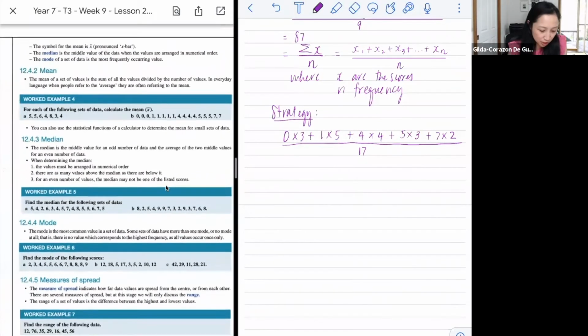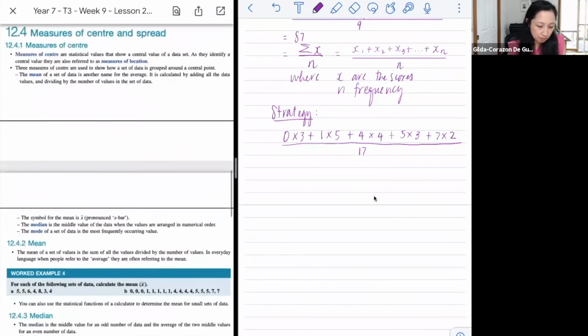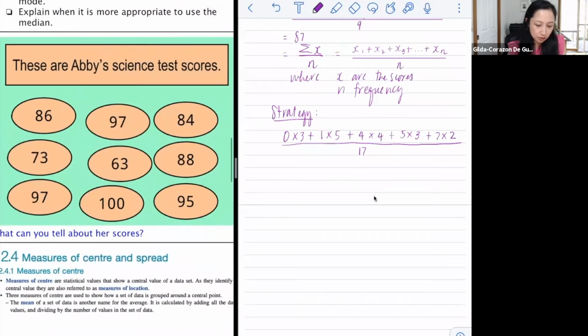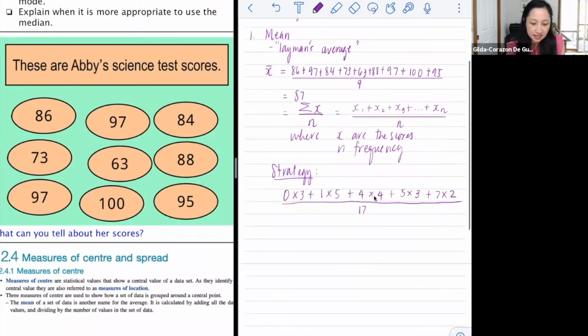Now, sometimes when we have, for example, maybe if we use Abby's scores here, maybe there was a day that her stomach was upset and she didn't finish that test, and she was only able to finish halfway through, and therefore that science test score would be, let's say, 35, right?